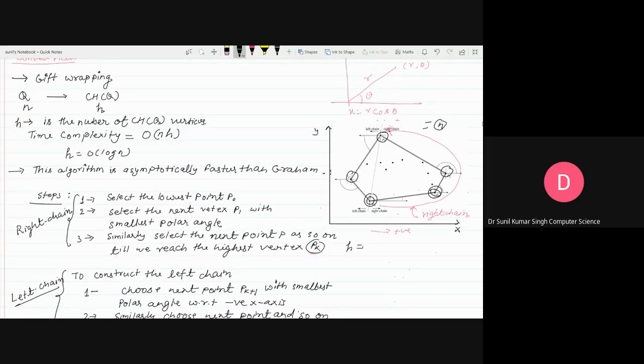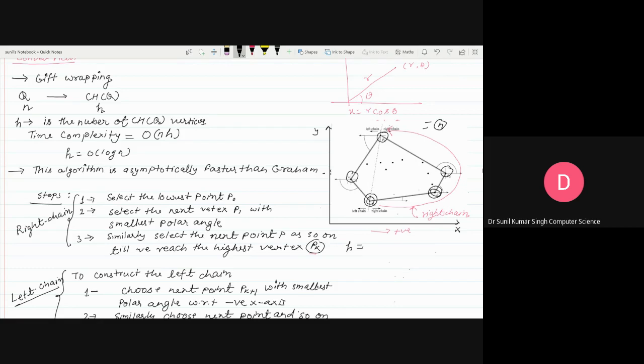So the meaning behind saying that when H is equal to log N is that if we have N points and only log N points are going to be part of the convex hull, then in that case, it is found that this Jarvis algorithm is asymptotically faster than the Graham-Scan algorithm.